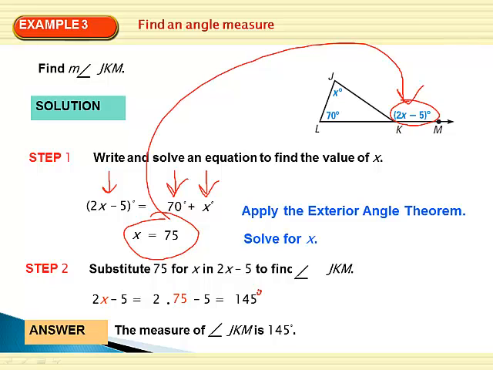So, we say the measure of angle JKM is 145 degrees. The other notation you can use is the measure of angle JKM equals 145. Remember your notation, degrees, and that's all.